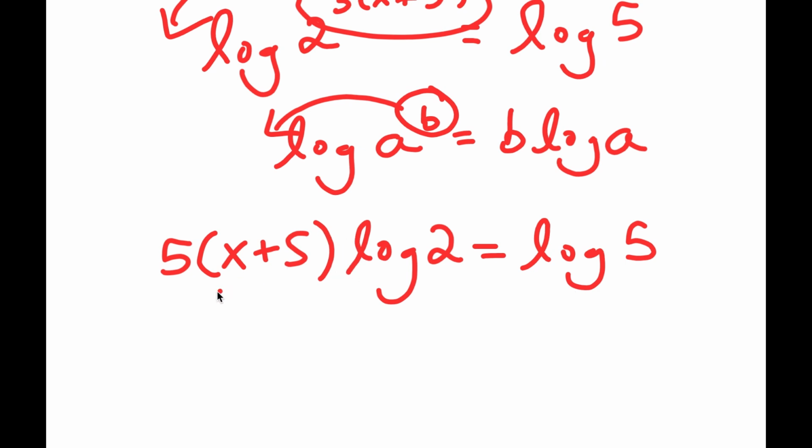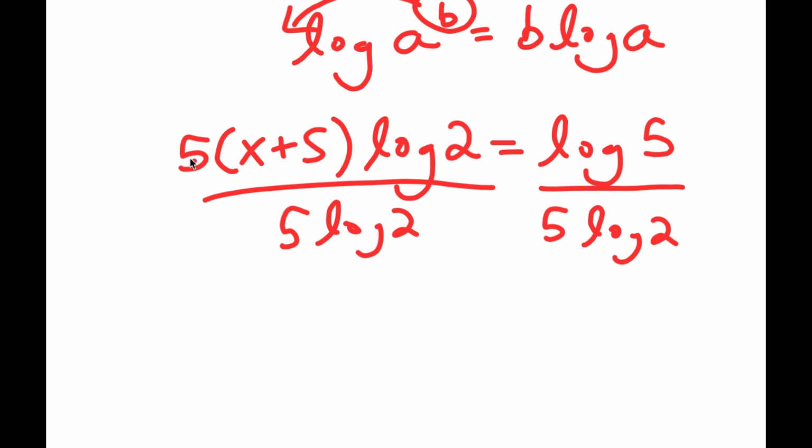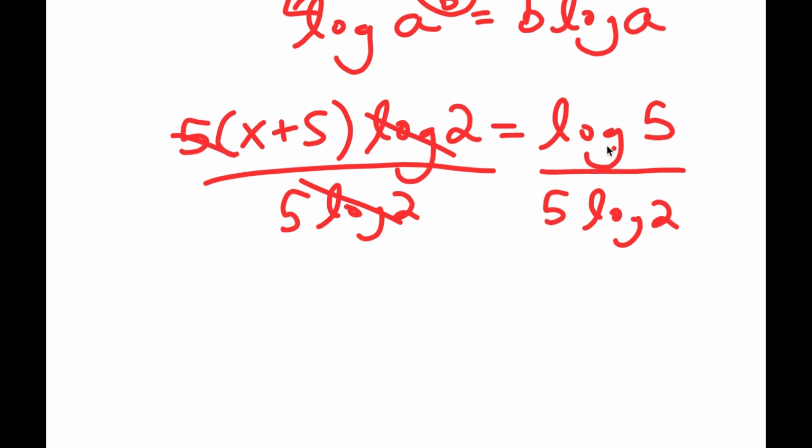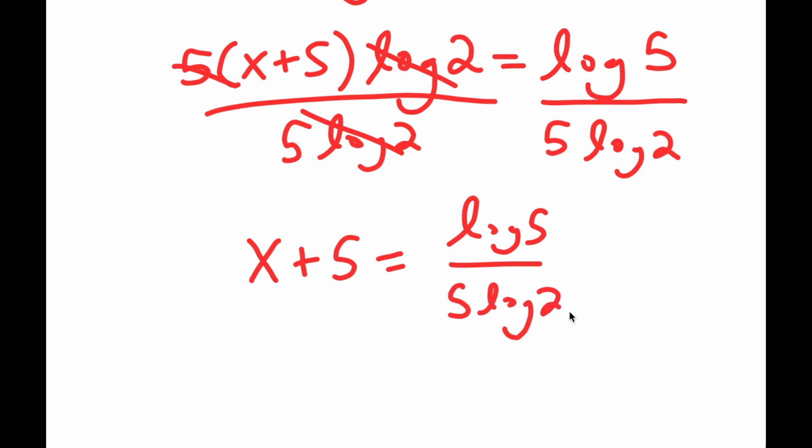Now I'm going to divide both sides by 5 times log 2. So then these two cancel out, and I'm left with x plus 5 is equal to log 5 over 5 times log 2.